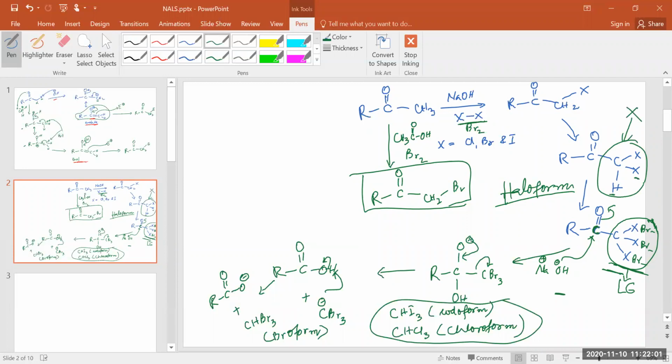It will not leave, it will stay as it is. Or 1 halogen, it will not leave. You need all 3 halogens for it to leave. So keep in mind, this haloform reaction is a substitution with halogen on the alpha carbon, both under acidic and basic condition. Okay.